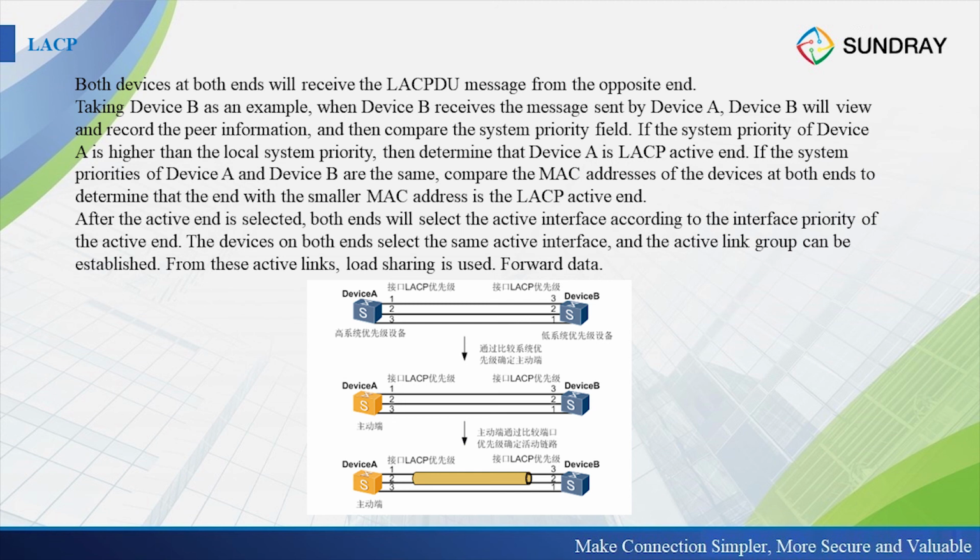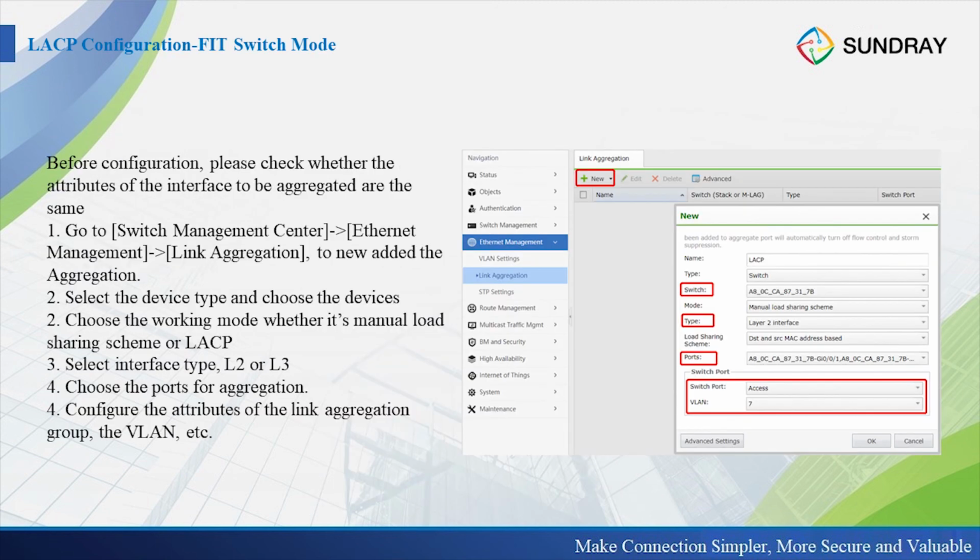Though the theory of LACP is hard to understand, the configuration is not so hard. Before the configuration, for the switch models, we need to check whether the attributes of the interfaces are the same.